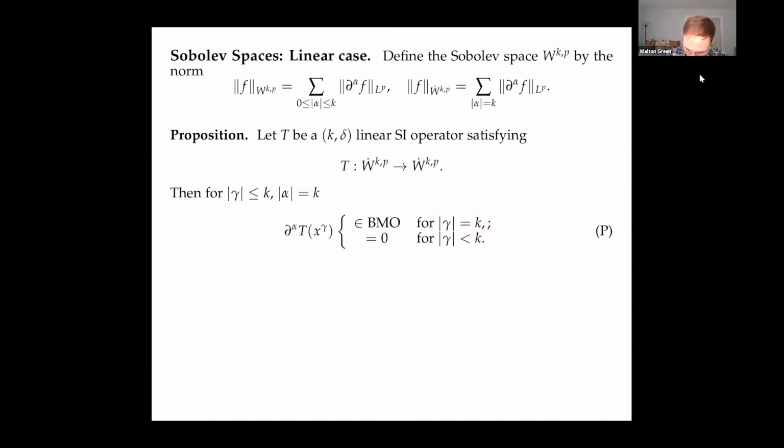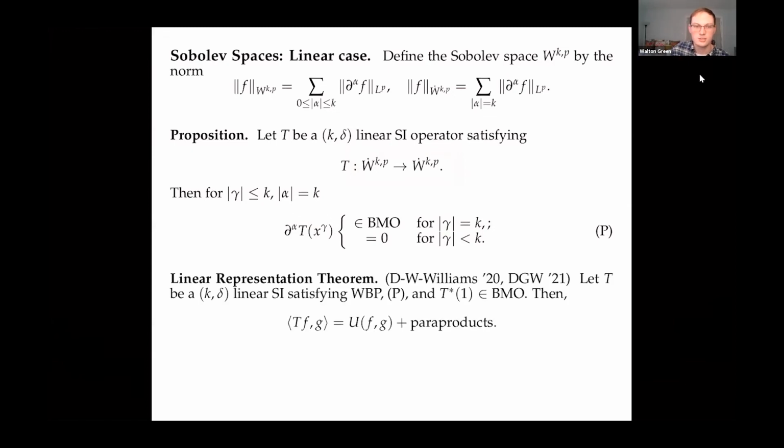And then if you test on any lower order polynomials, it actually must vanish, which is maybe the surprising part, that you have to vanish for the lower orders. And so that's actually kind of a restrictive condition, in order to be bounded on the homogeneous spaces. But it's actually necessary. I mean, we're actually showing right here that it's necessary.